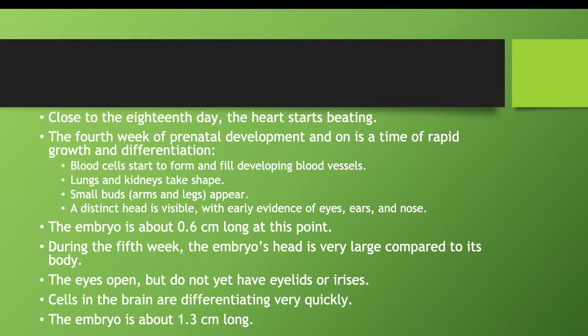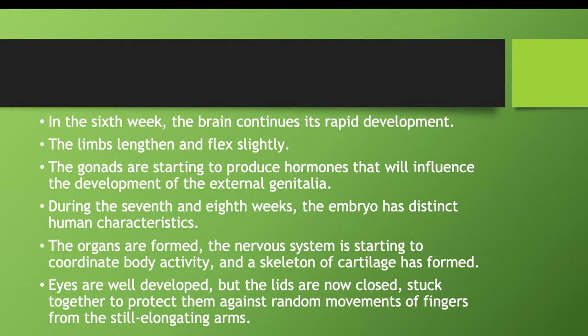During the 5th week, the embryo's head is very large compared to its body. The eyes open, but do not yet have eyelids or irises. Cells in the brain are differentiating very quickly, and the embryo is about 1.3 centimeters long. In the 6th week, the brain continues its rapid development.